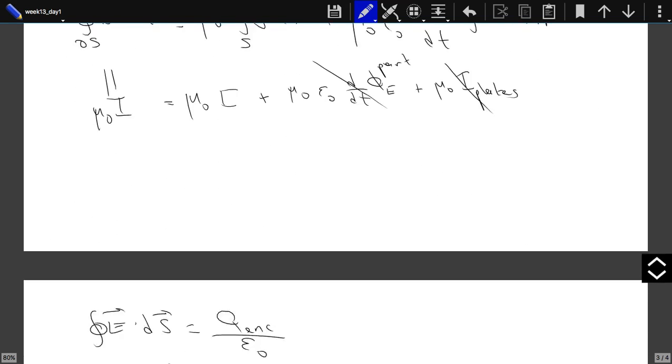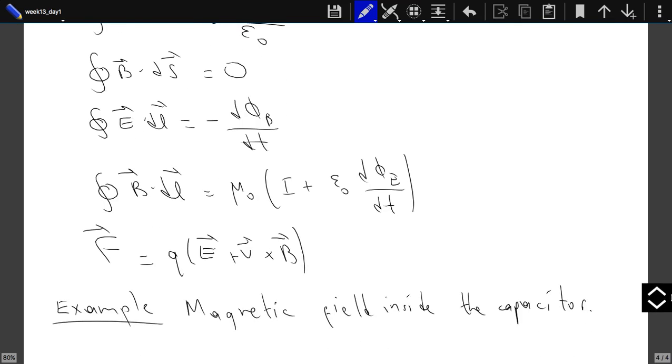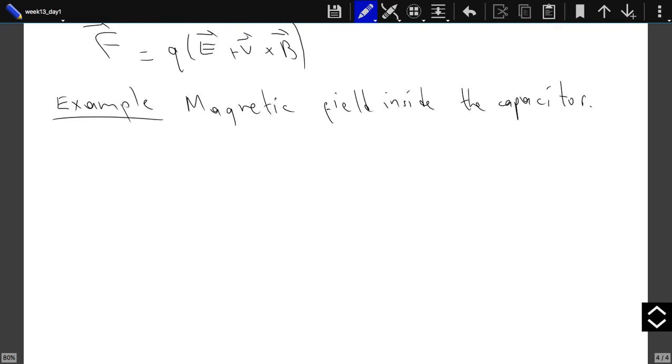And that is why it is called the displacement current. It just displaces ordinary moving charges, in a sense. Now let's look at the magnetic field created by this changing electric field.